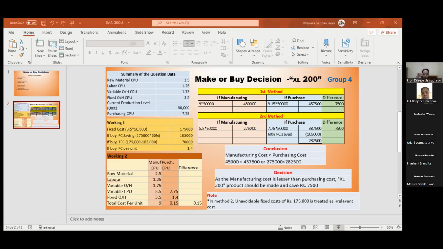Thank you, ma'am. So tell me, anyone from your group, under the first method, if purchase, you mentioned 50,000 into 9.15. So how did you get that part? 9.15 into 50,000?